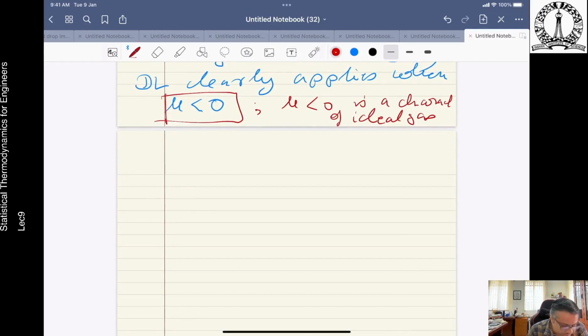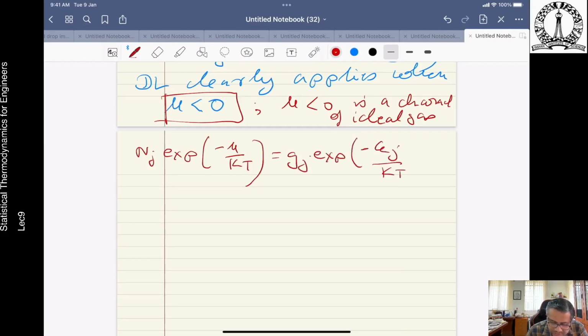So therefore, Nj exponential minus mu by Kt equal to Gj exponential minus Ej by Kt.